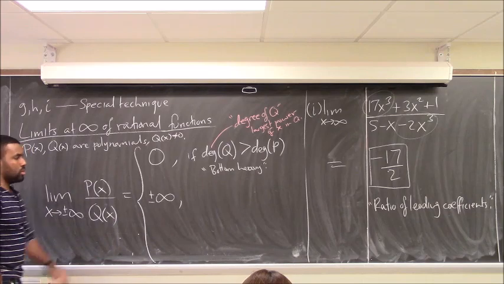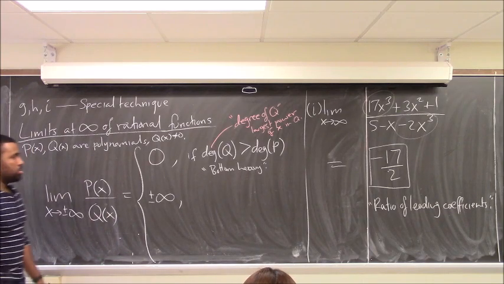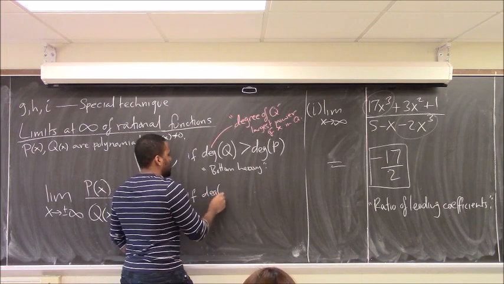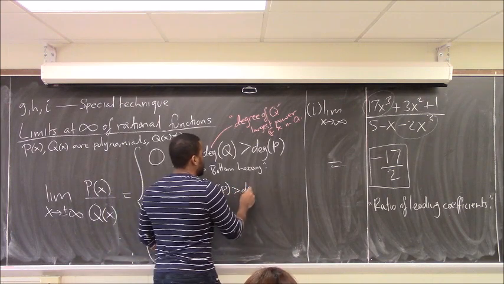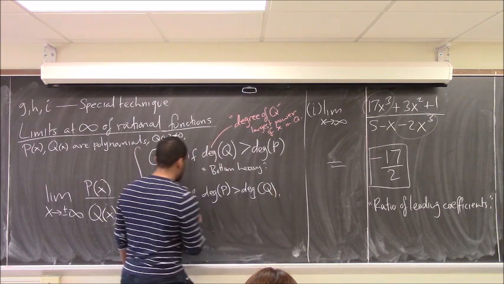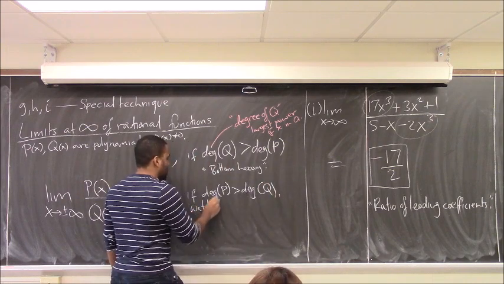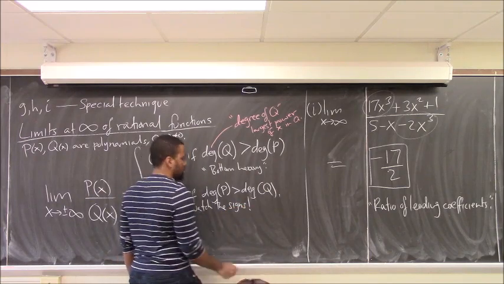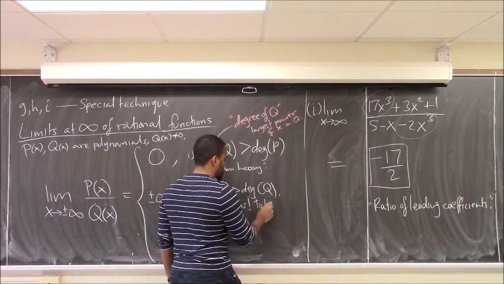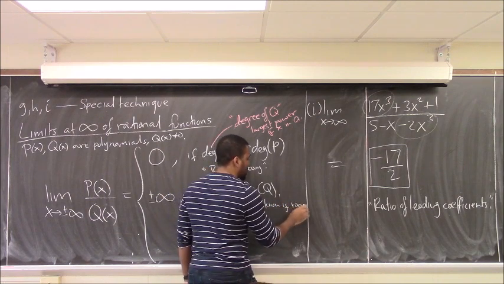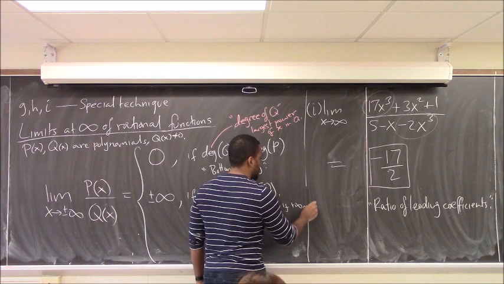Another possibility is you will get plus or minus infinity. You have to pay attention to the signs and know which sign to pick. This happens if the degree of P is larger than the degree of Q. Watch the signs to know if it's plus infinity or minus infinity.